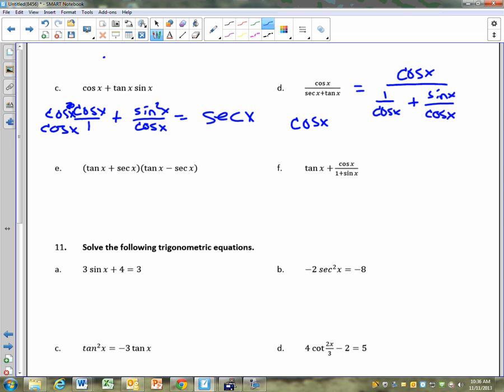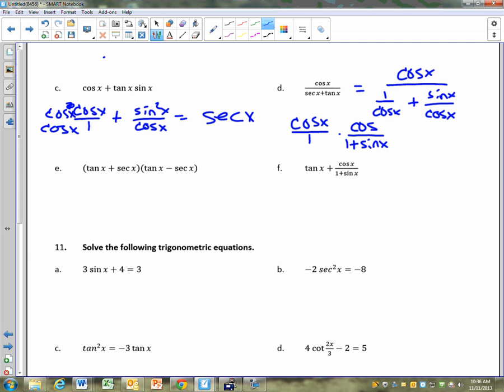So I have cosine of x over 1, and I'm going to multiply by the reciprocal. The reciprocal would be cosine over 1 plus sine. So you thought, well, maybe the cosines will cancel.